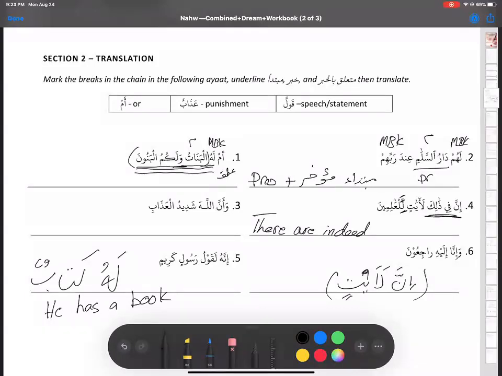Whenever MBK is muqaddam, most of the time, for example, if I say fil bayti rajulun, you will see the translation: there is a man in the house.